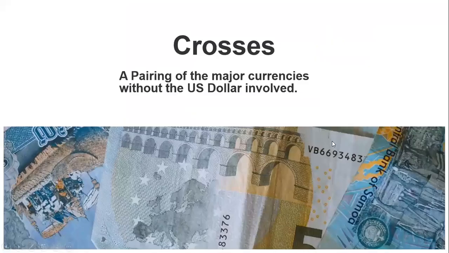Then you have the crosses. For the crosses, you don't have the US dollar involved. You have the other major currencies, the other 7 of them, but you don't have the US dollar involved.